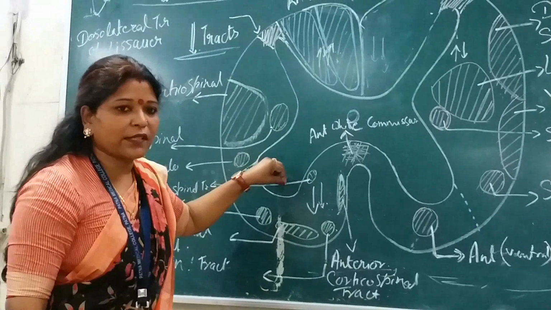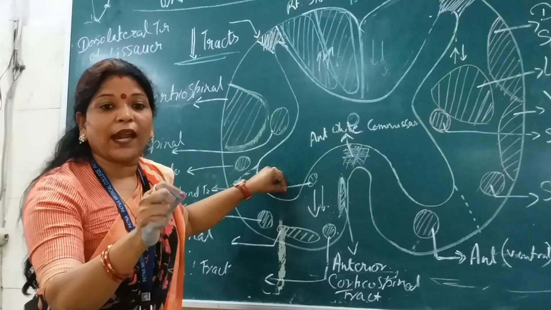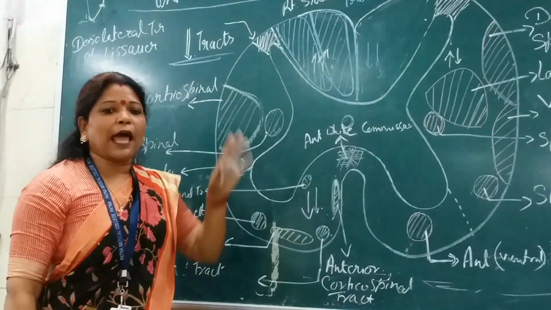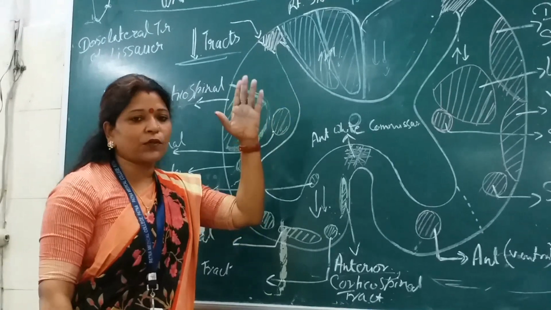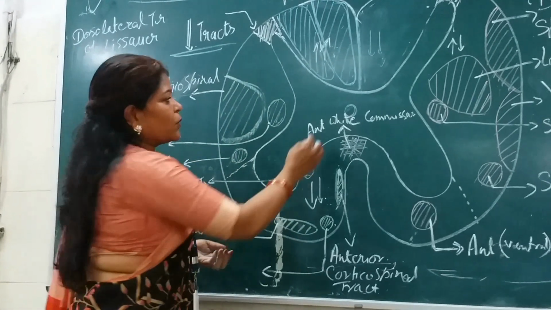Whatever tract synapses here will be named with the suffix spinal. But if the same thing is happening in the brainstem, that means the midbrain, the pons and the medulla oblongata, there is also grey matter.